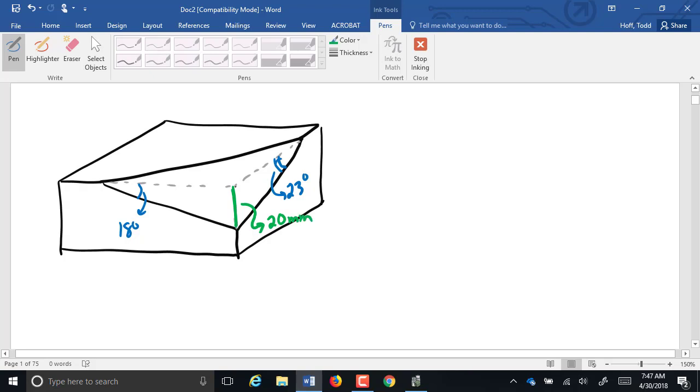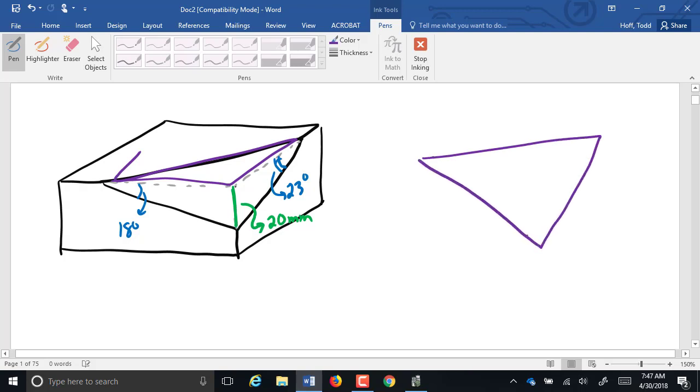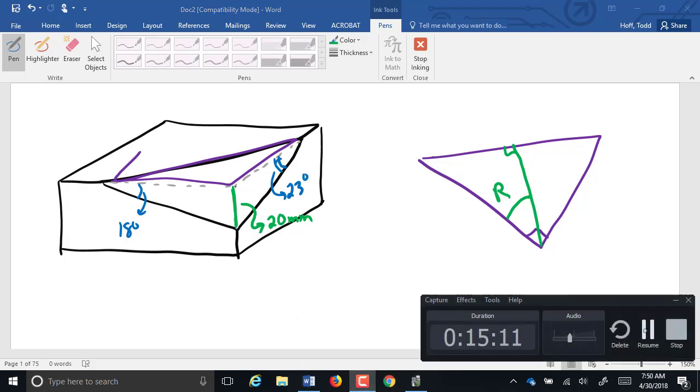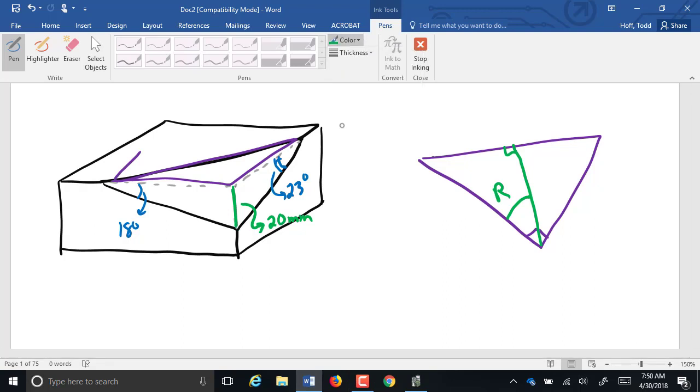So we're going to assume that's 20 millimeters. What I want you guys to find first here, using this purple triangle up here, I want you to find R. I'm going to give you a couple minutes to see how well you do on that. In about 2 minutes, we'll stop and maybe give you some hints if we need them. Then we'll move on.